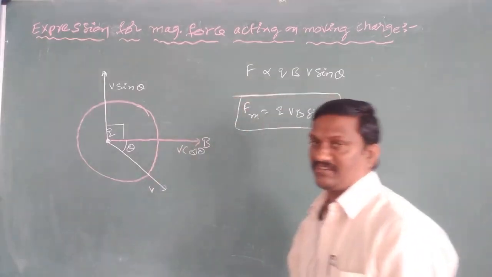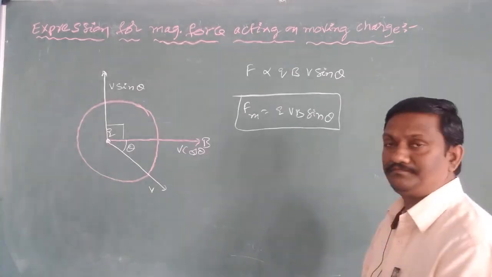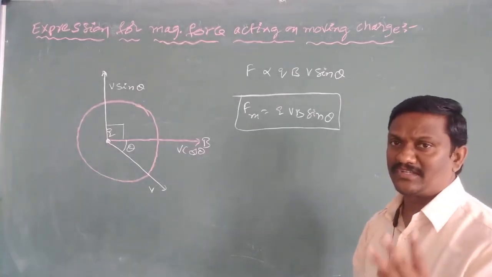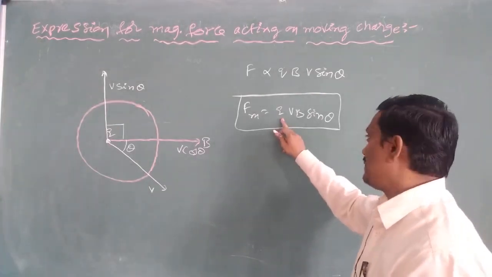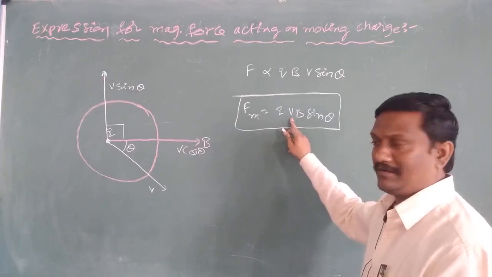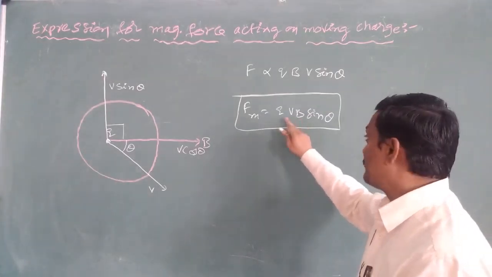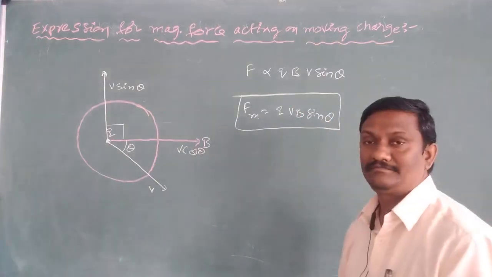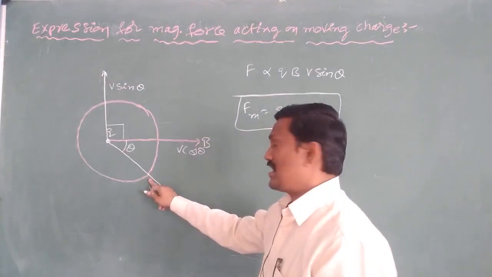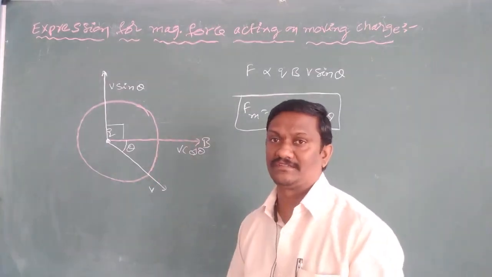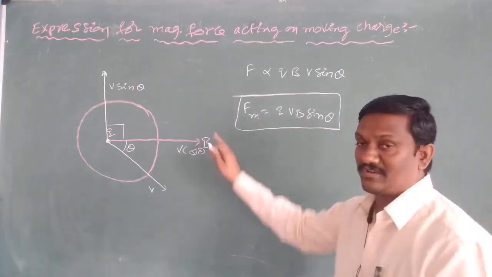It mainly depends on three factors: the magnitude of the charge, the magnitude of velocity, that is the speed, and the strength of the magnetic field, and it also depends on sin theta. If the angle between the motion of the charge and the field changes, theta changes, so sin theta also changes automatically, and the magnetic force also changes.